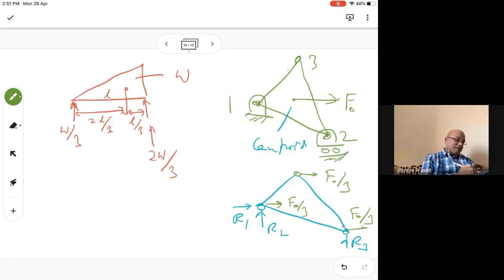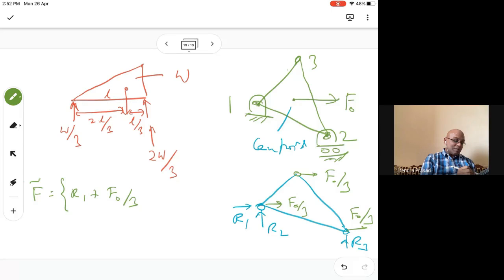And hence we can write the force vector. Force vector is equal to: we get R1, but you have to add this also, so we write R1 plus F0 over 3.